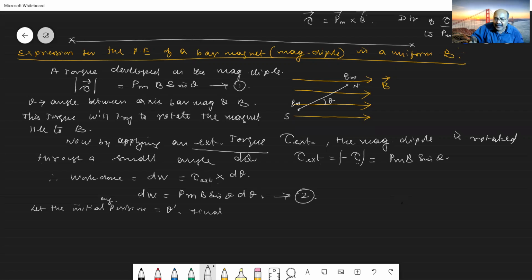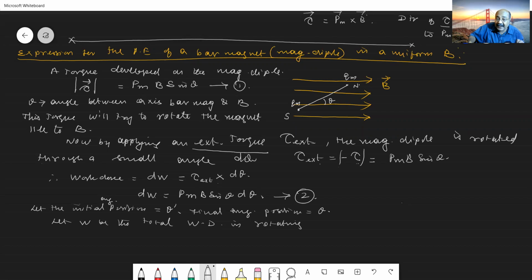Then let us consider the final angular position as theta. Let W be the total work done in rotating the dipole.